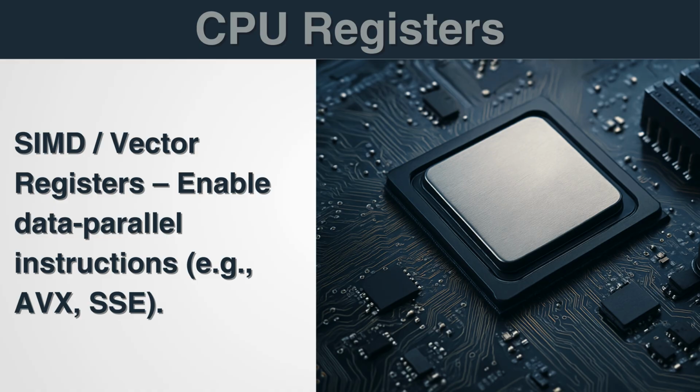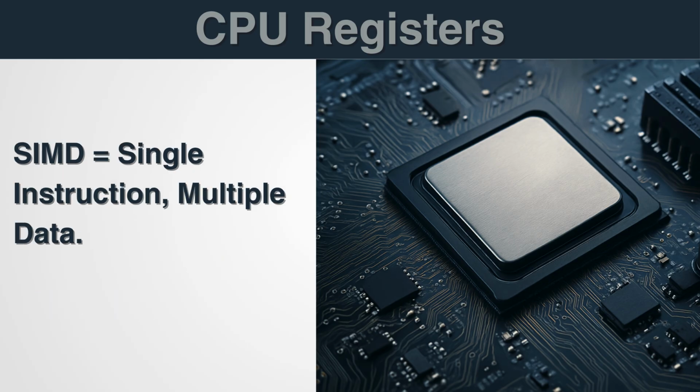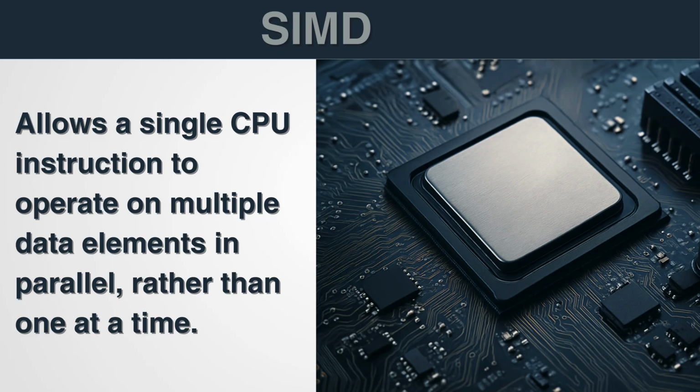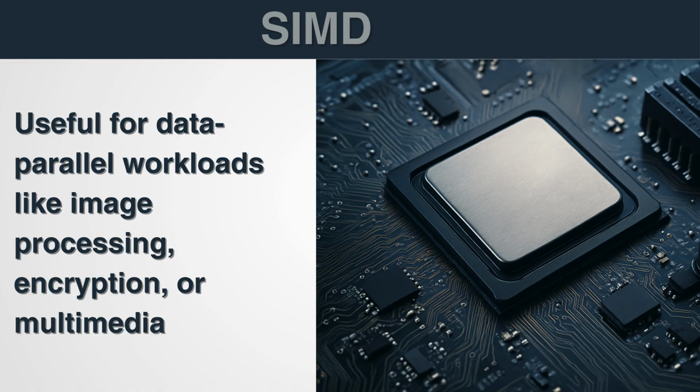Now, SIMD stands for single instruction, multiple data. It allows a single CPU instruction to operate on multiple data elements in parallel rather than one at a time. It's ideal for data parallel workloads like image processing, encryption, or multimedia.